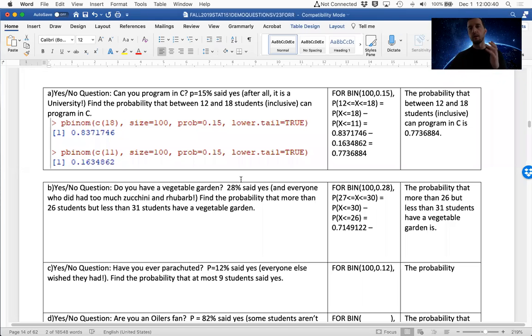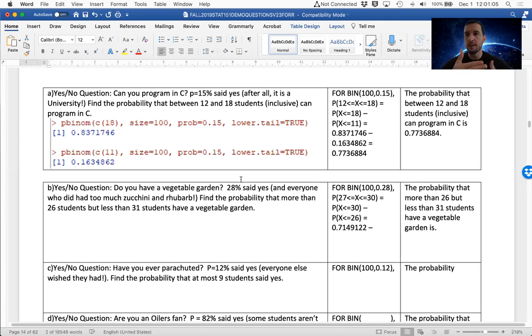Okay, so where this is going to get confusing right off the start is not being able to recognize the type of problem. Because if you read this statement and you haven't already been able to identify this as being a binomial experiment, right away you're going to be very intimidated by this kind of probability question. So again, the thing that makes this binomial is you have consistent sample size, so 100.